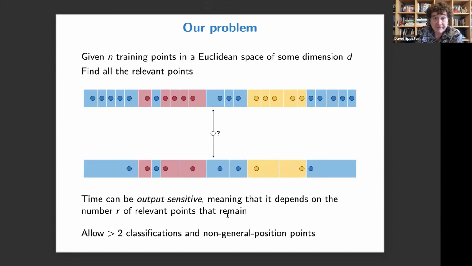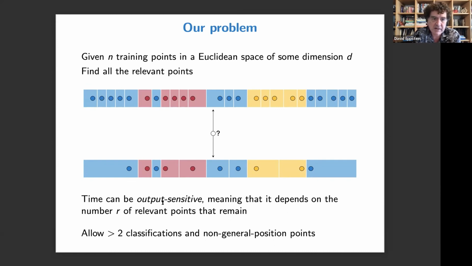So that's the problem that this paper solves. We're given a set of training points in some Euclidean space of some dimension. These points come with coordinates, but they also come with classifications. That's what it means to be training points. And given these classified points, I want to find all of the relevant points.